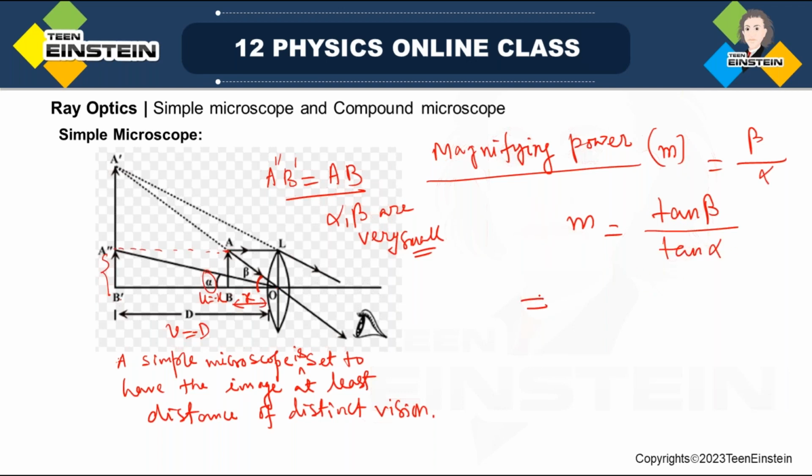Now we'll see what is tan beta. See, this angle is beta, right?